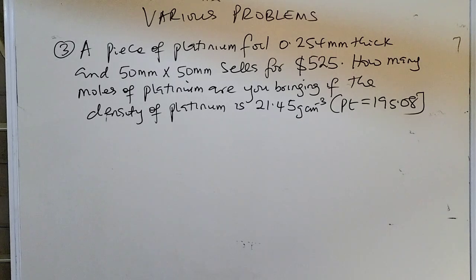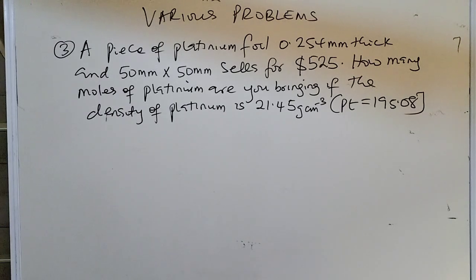The relative atomic mass of platinum is 195.08. I repeat, a piece of platinum foil 0.254 millimeter thick and 50 mm times 50 mm sells for $525. How many moles of platinum are you buying if the density of platinum is 21.45 grams per cm cube?